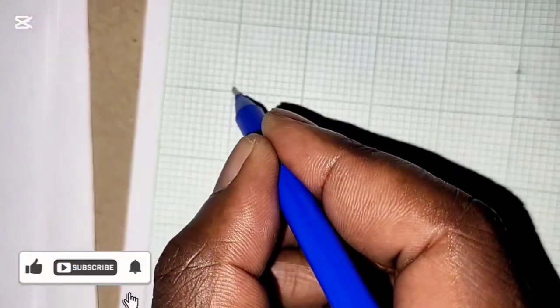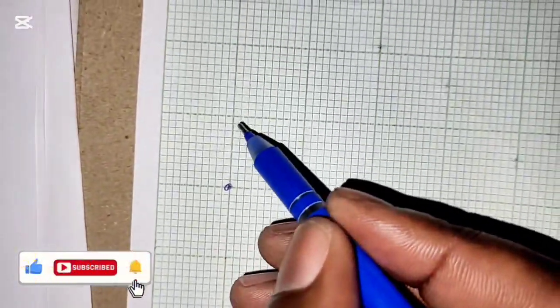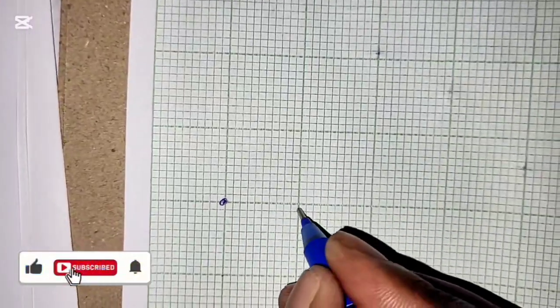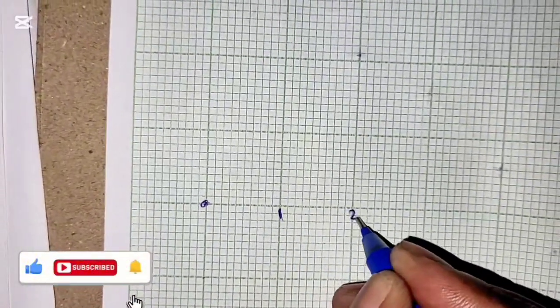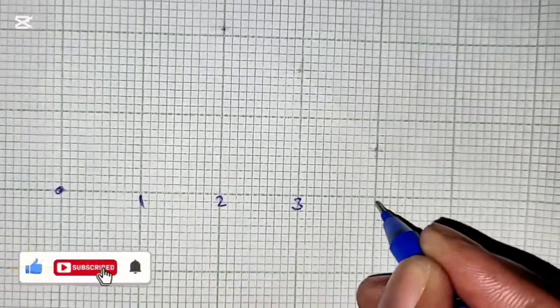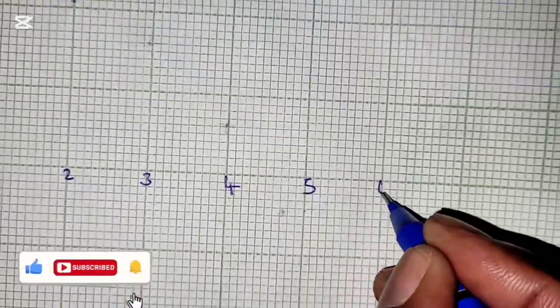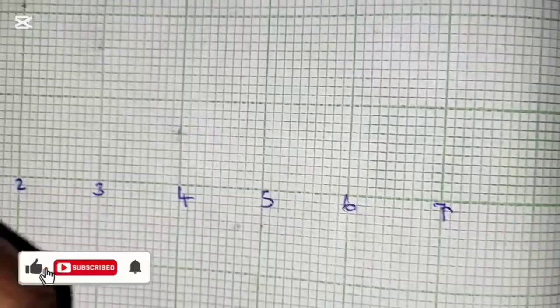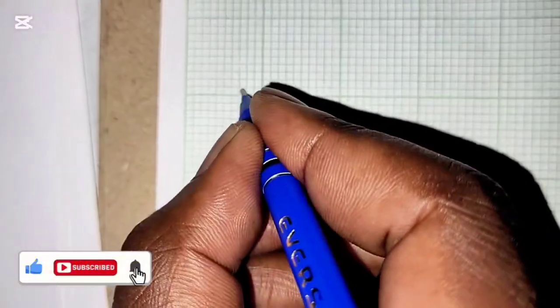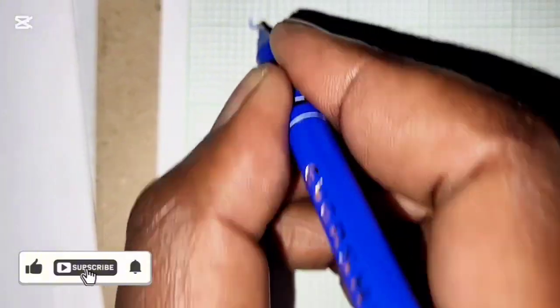Okay, so I put my 0 right here. Then 1, 2, 3, 4, 5, 6, and 7 on the x-axis. Then the y-axis 1, 2, 3, 4.